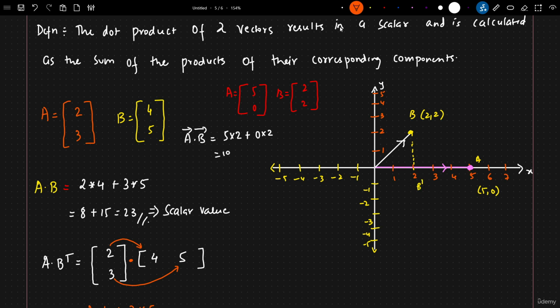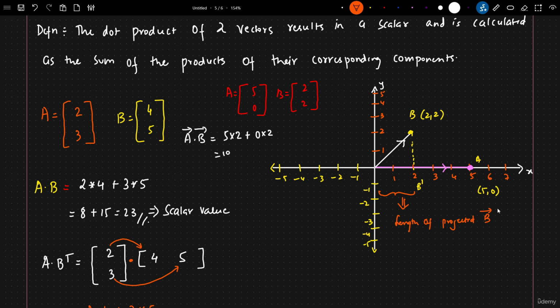Now understand one very important thing that I will mention over here. I will go ahead and look at the length of this. We basically say the length of the projected B vector.